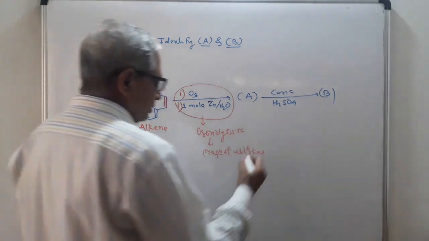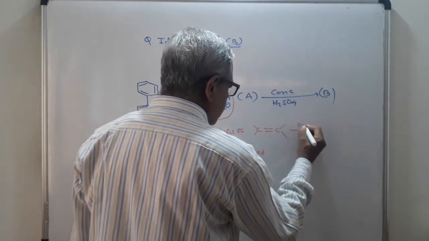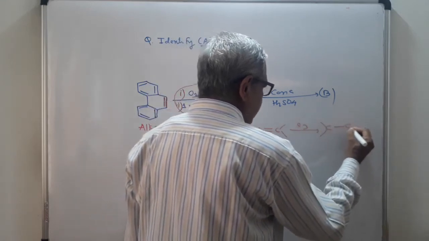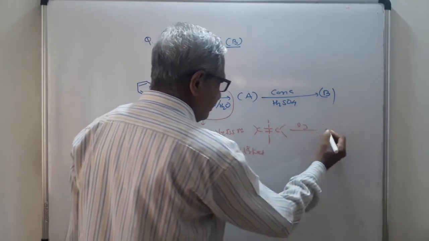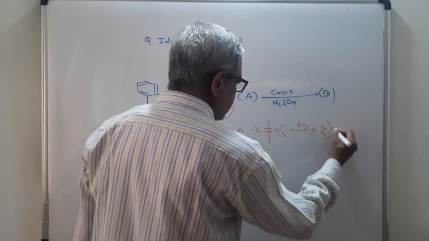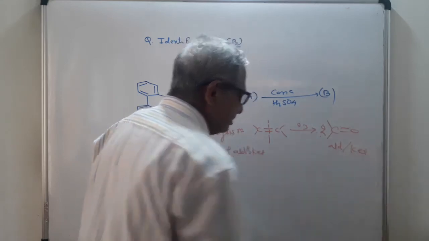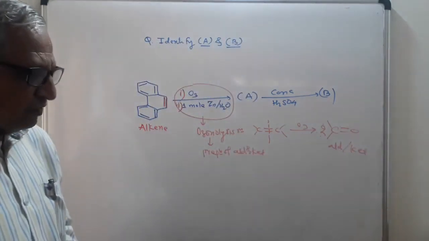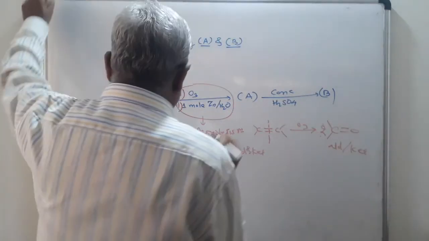When you do ozonolysis of the alkene, you break this bond here and you get two molecules like this. It may be aldehyde or it may be ketone. We learn this reaction in detail. Therefore, the structure of A will be like this.